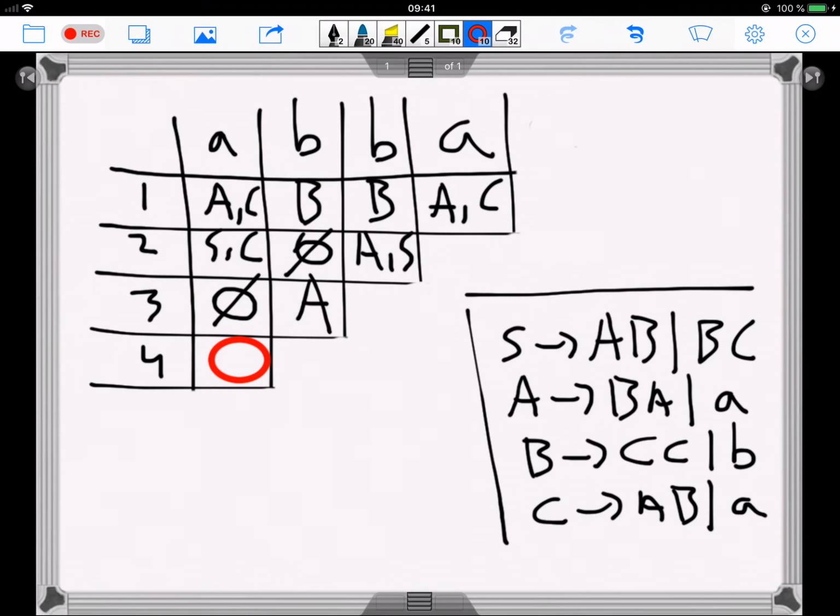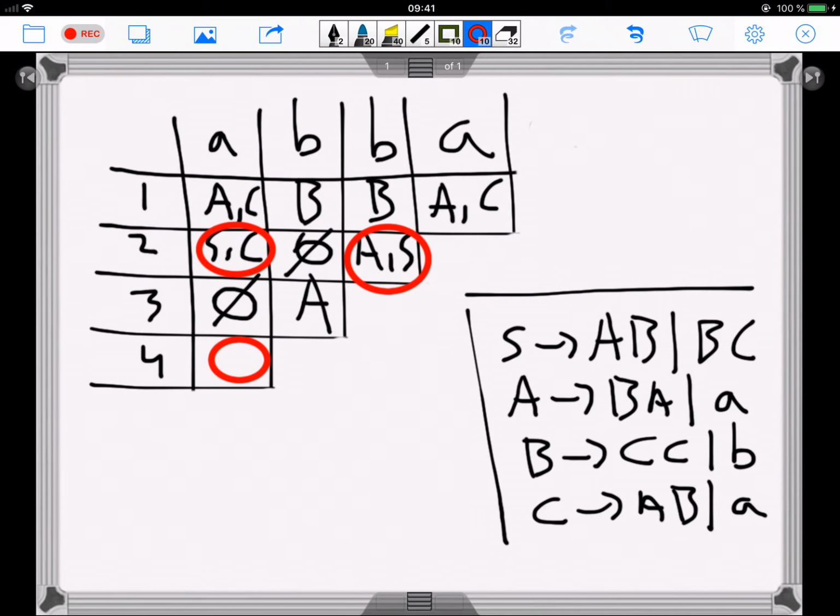And finally, for the last cell, the one that we are interested in, we need to consider this cell here with this cell, the first one on the column together with the closest one on the diagonal, and the options are AA, CA. None of them are generated by productions in the grammar, so we will check the second possibility, which is one cell down in the column and one cell away in the diagonal.